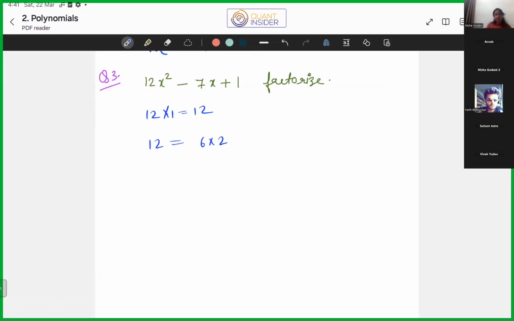This will be written as 6 into 2 and 4 into 3, 12 into 1. So which one is to be taken? And keep in mind there is a plus sign before 1. The terms will give you 7.